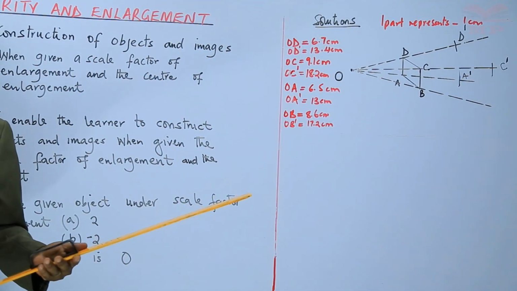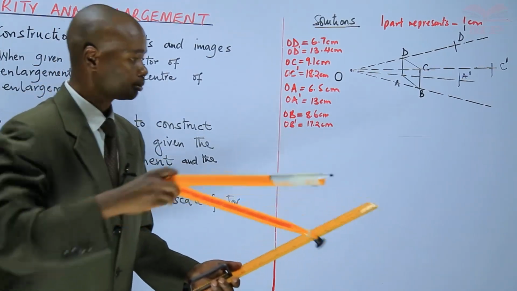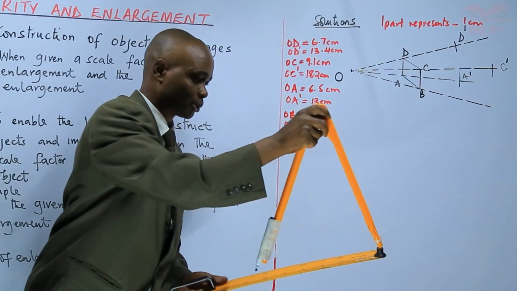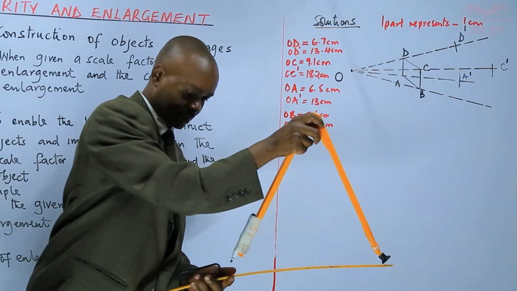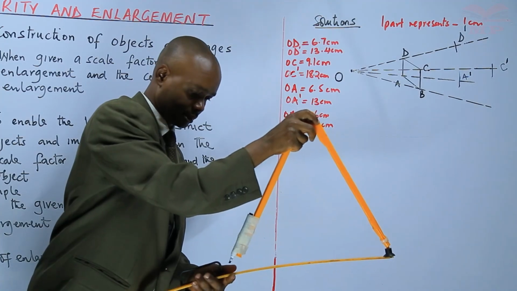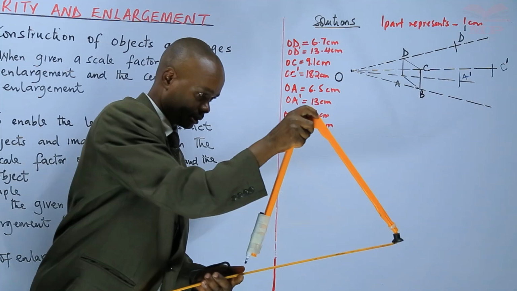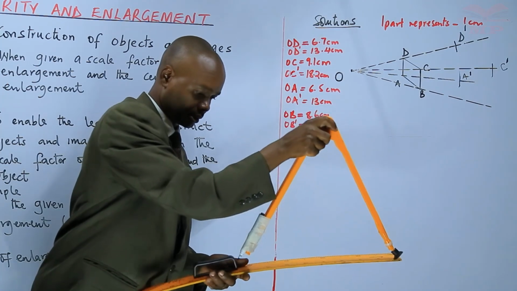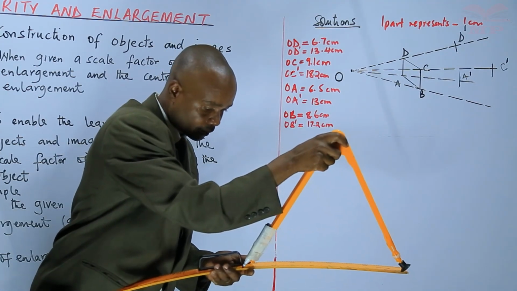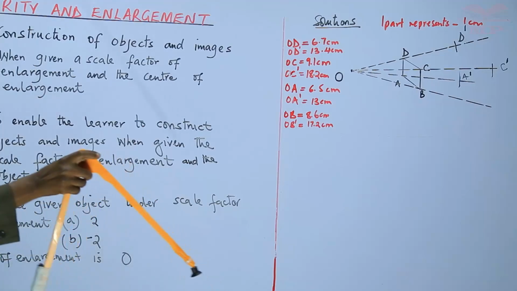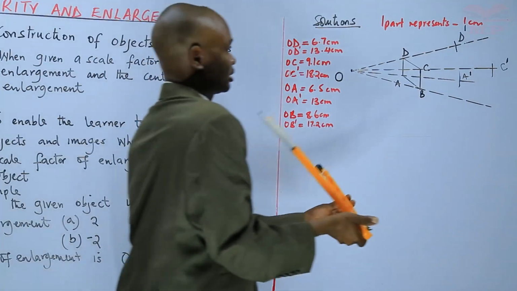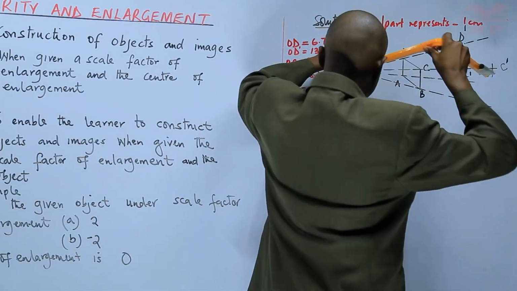So I'll come and measure 17.2. That's 17.2. I'll come and get my B prime.